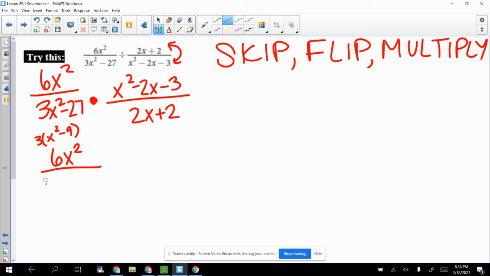So I'm going to rewrite that as 3, the 3 I took out, and then x squared minus 9 can actually be written as x plus 3, x minus 3, because that's a difference of two squares. Okay, so that's my first one, all factored, good to go.